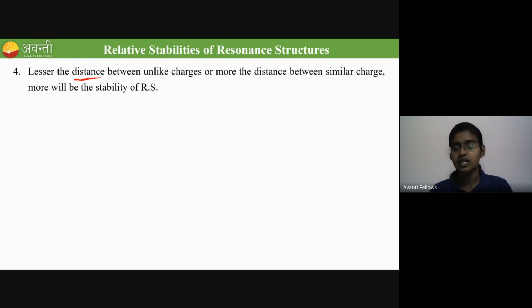What is the meaning of this? If you have a positive and a negative charge in your compound, then the distance should be very less between them. If you have 2 positive or 2 negative charges, then the distance should be more. In these cases, the stability of the compound is more.